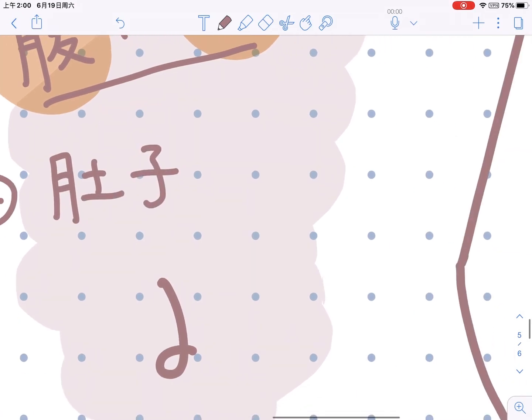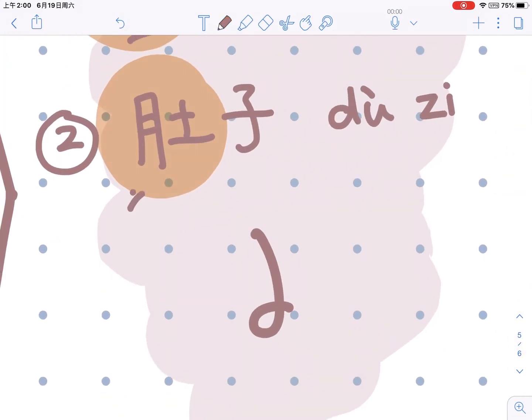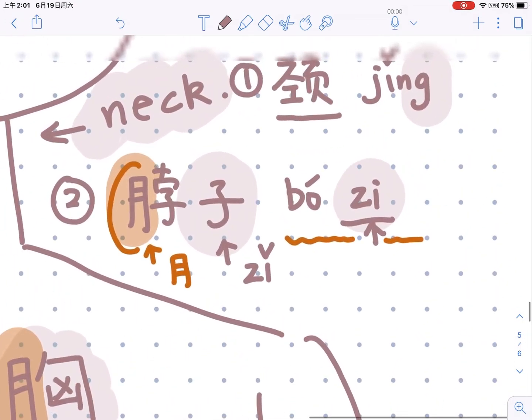Yeah, that's it. 肚子. Interestingly again, the character 肚 itself already means belly, or sometimes it also means stomach, but here it just means belly. And we have to remember that when we are talking about one's neck, 脖子, the 子 is pronounced in the neutral tone, which means it does not have any of the four tones.